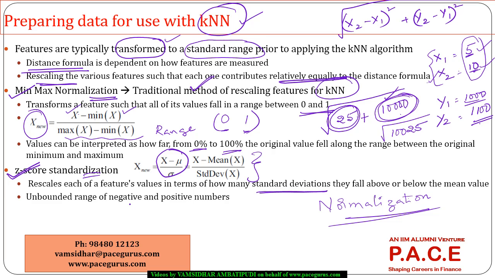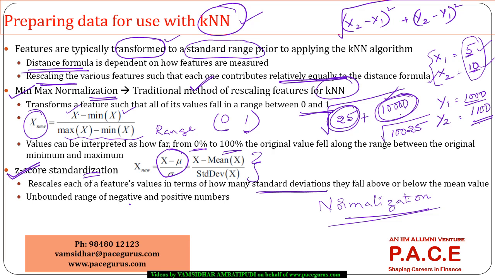And once the z-score standardization is done, I will use that data for the KNN. So basically, if I see that my data is having some kind of size issues for different variables, either I perform a min-max normalization or I perform a z-score standardization before giving that data for the application of the KNN algorithm.